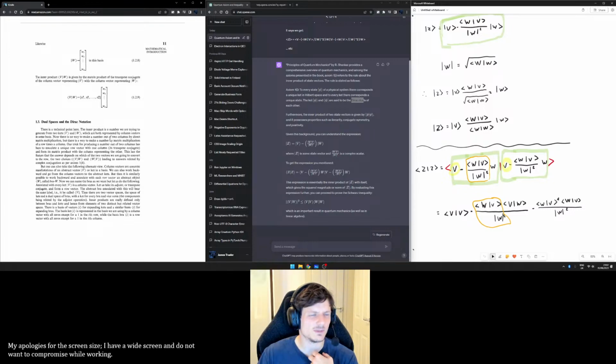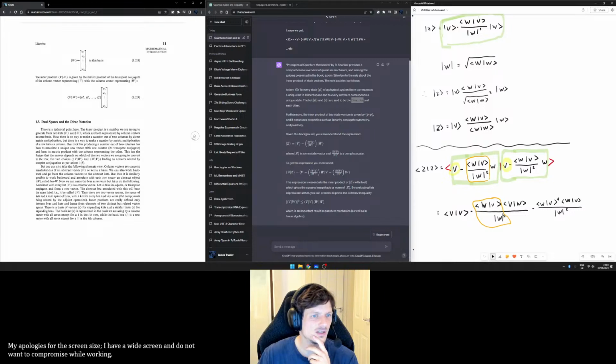Now there is no way to make a number out of two columns by direct matrix multiplication, but there is a way to make a number by matrix multiplication of a row times a column. This has the feature that the answer depends on which of the two vectors we are going to convert to the row. The two choices, VW and WV, lead to answers related by complex conjugation as per axiom 1H.